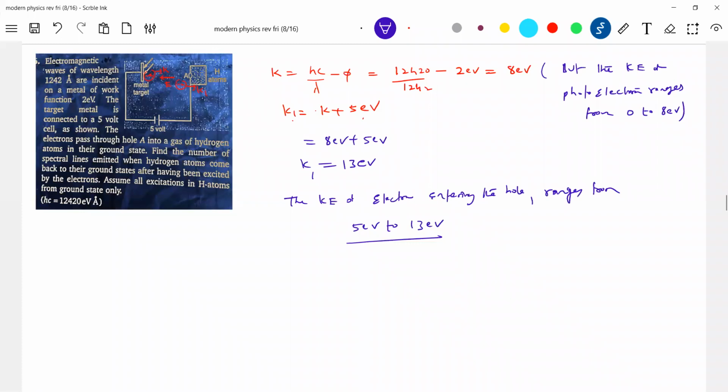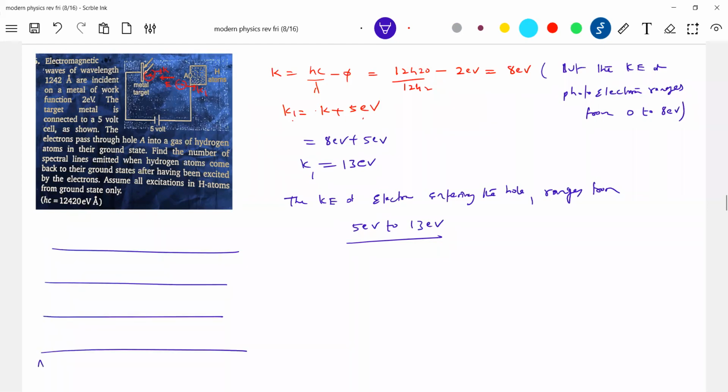Now 5 electron volt is not possible for excitation, no? To what excited levels can it take the atom? Between 10 and 13 is what I should pick up for excitation. Up to n equal to 4. Even if you know the differences of energy levels, you'll be on the safer side. First 10.2 is possible.